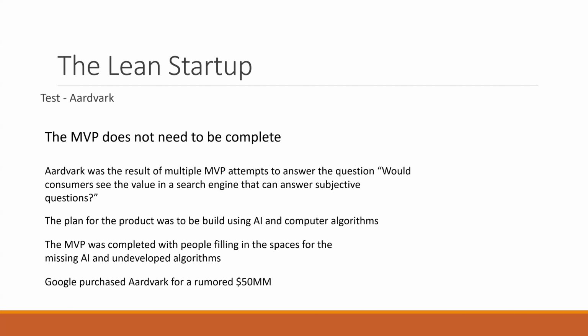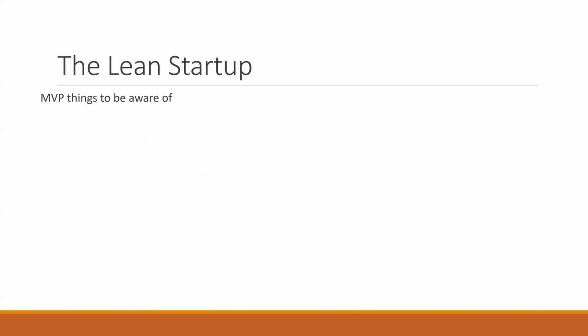Google purchased Aardvark for a rumored $50 million. So it definitely hit the mark at that point. It showed that there was interest in the product, there was use and a value that it created, and that was just through a kind of don't-look-behind-the-curtain arrangement. So that's the idea of an MVP.